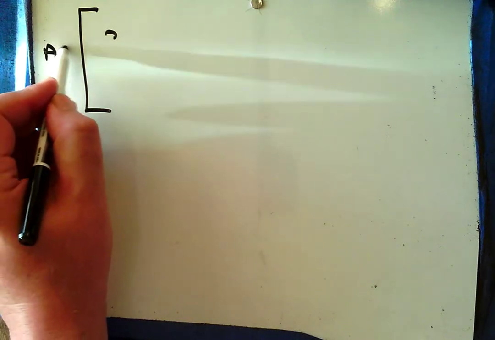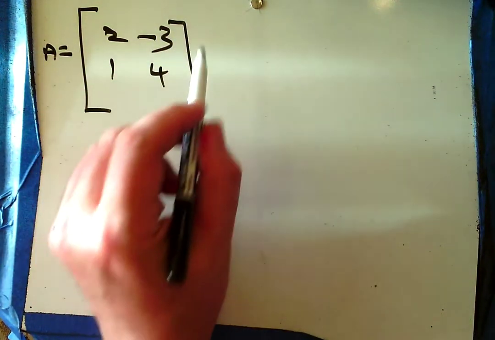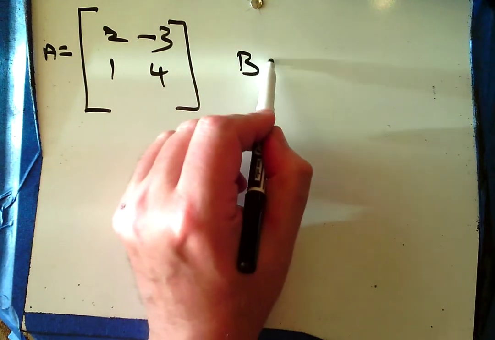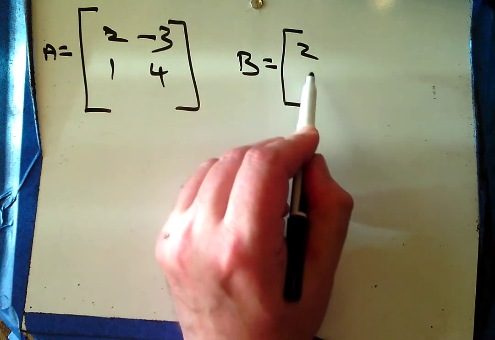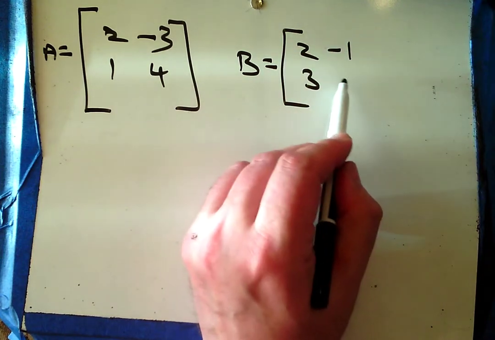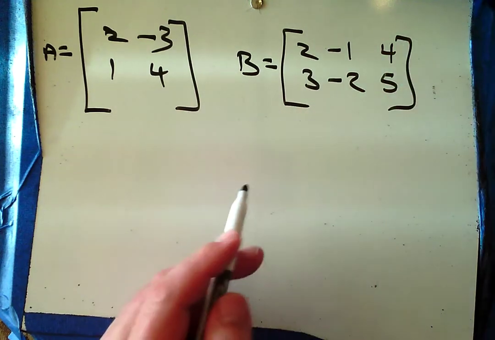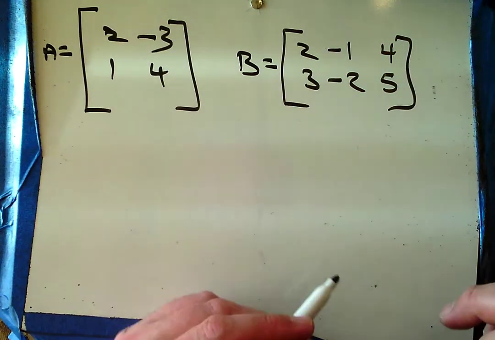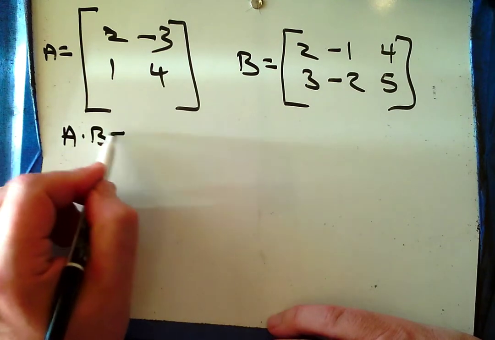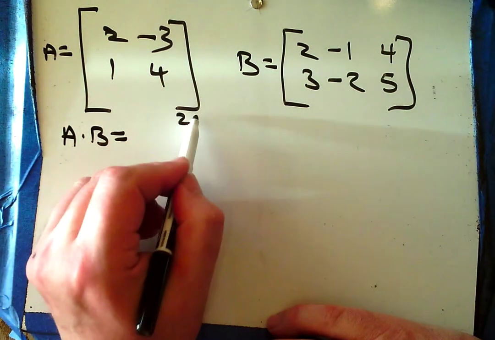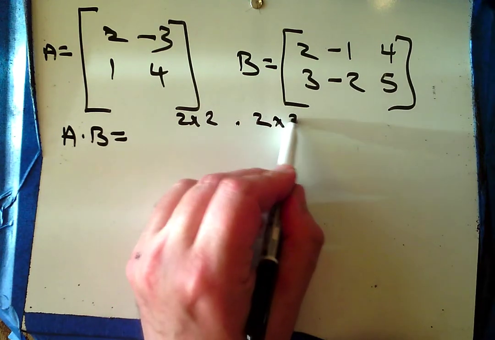Here's matrix A, 2, negative 3, 1, 4. And here's matrix B, 2, 3, negative 1, negative 2, 4, 5. Okay, and I'd like to multiply A times B. So that's going to be a 2 by 2 times a 2 by 3.